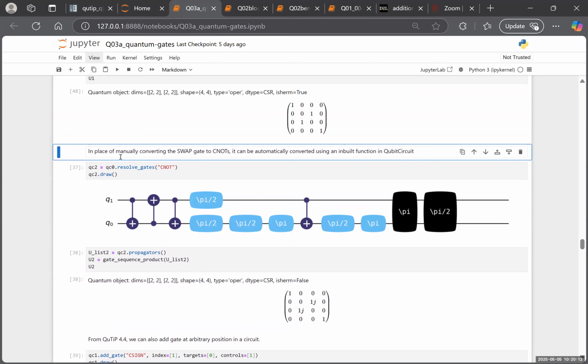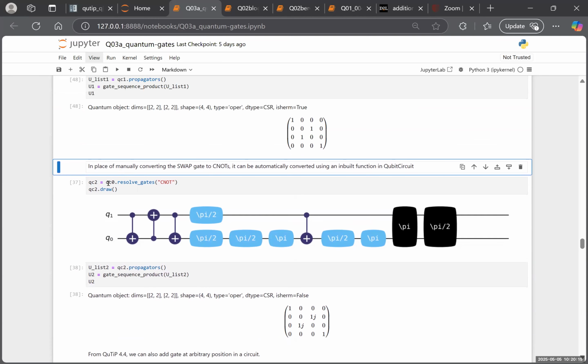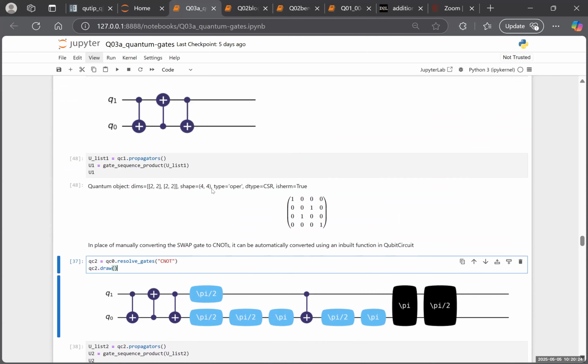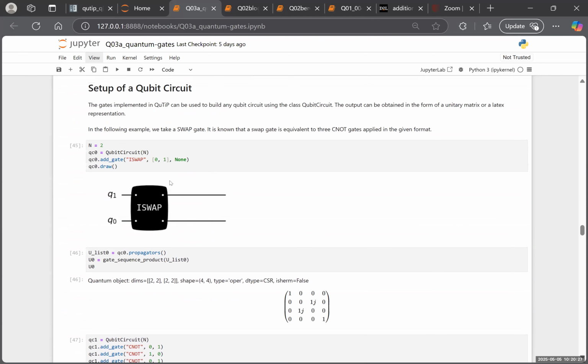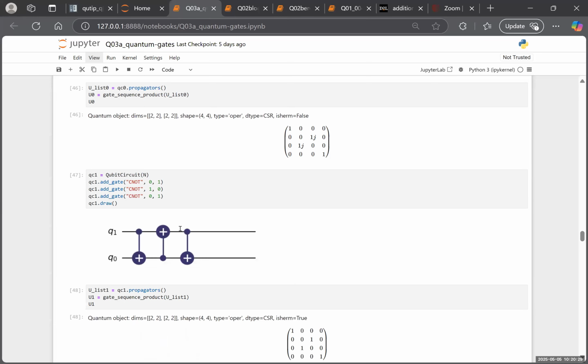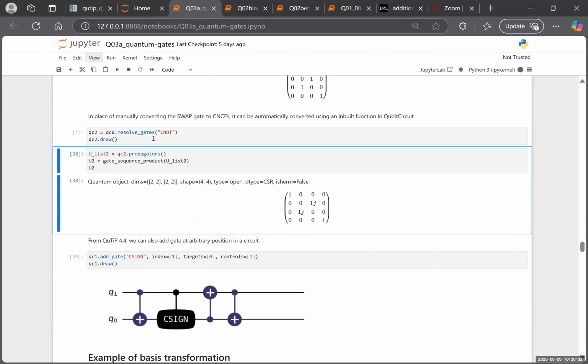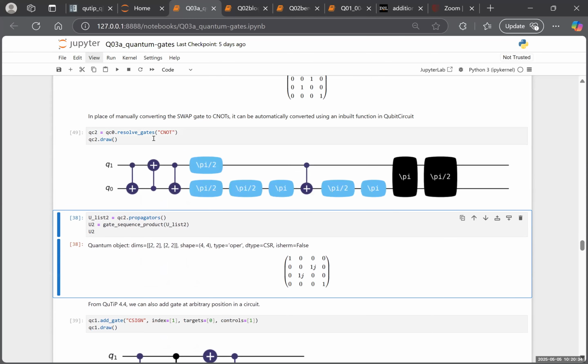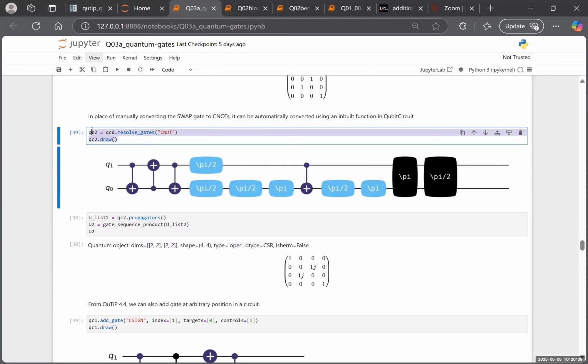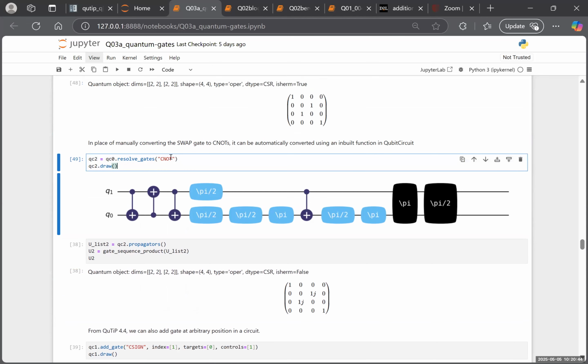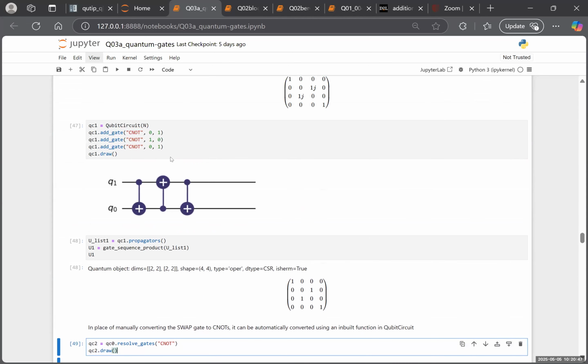Now there's also a nice feature that you can decompose in terms of CNOT. So this one, the QC0 is here for the iSWAP. So you want the 2-qubit gate in terms of CNOT. But do something else, like what other, say CSIGN, right?